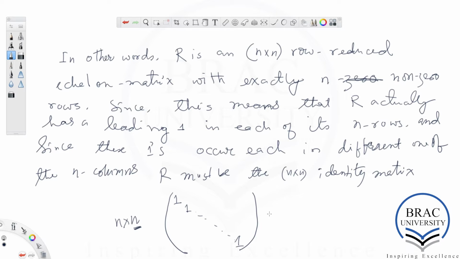That is the n times n identity matrix. So we have found that A is going to be row equivalent to the n times n identity matrix. QED.